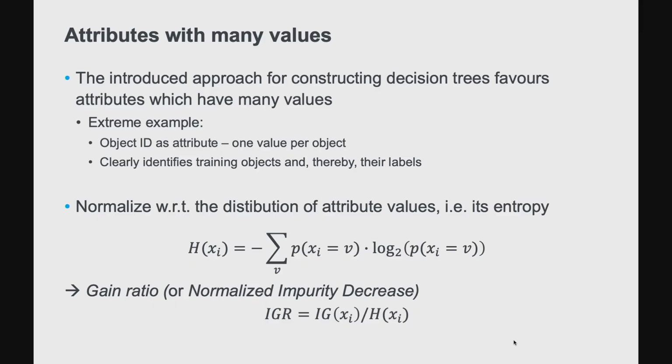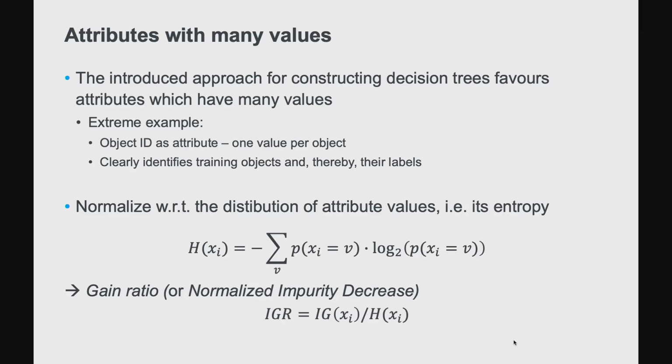The entropy is described by the usual formula where we look at the values of our attribute. When we have very many different values, and assuming that these values are rather uniformly distributed, then we will achieve a very high entropy. And if you have a high entropy, then the information gain ratio is reduced compared to the information gain.